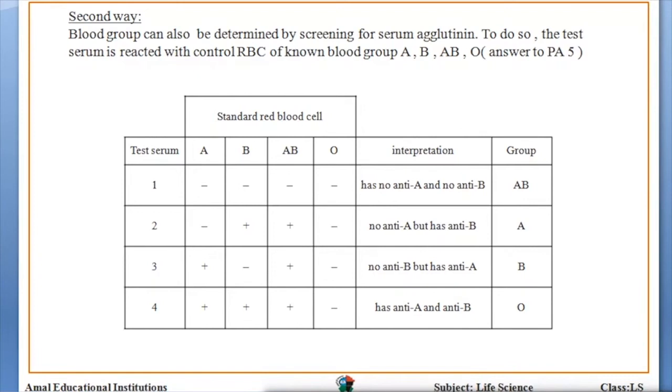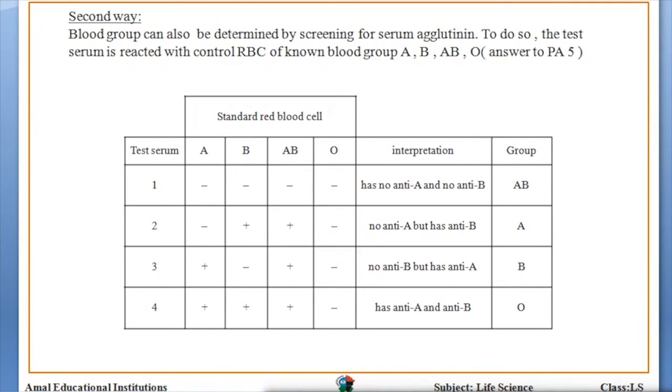Here, the test serum is going to be reacted with control red blood cells of known blood group, that is A, B, AB, or O. This is the answer to probing the activity, by the way, number 5 in your book.